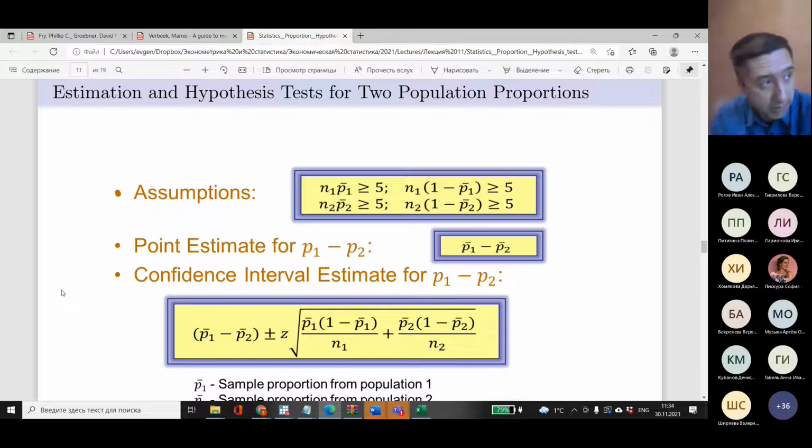I would say that your textbook states this is a rule of thumb, so if you have less than 5 successes, you cannot run the hypothesis test. But in reality, 5 successes is too small to make a reliable test.